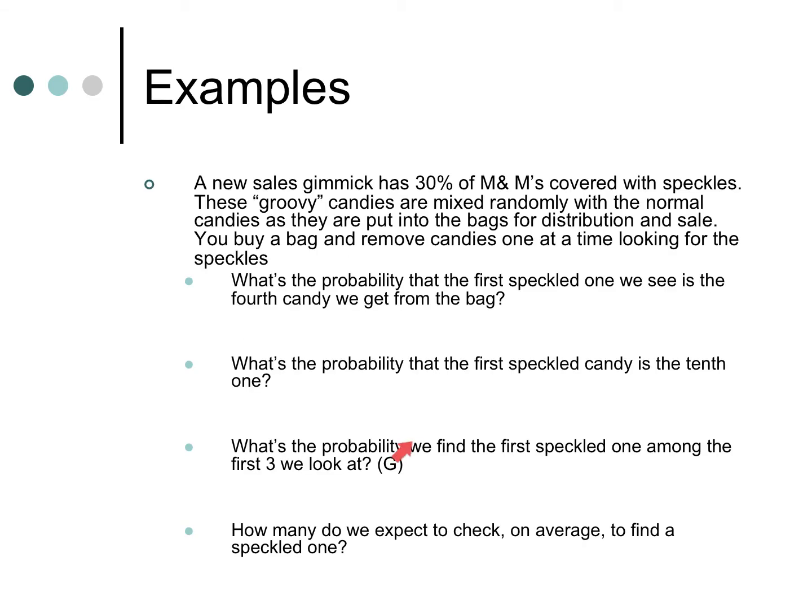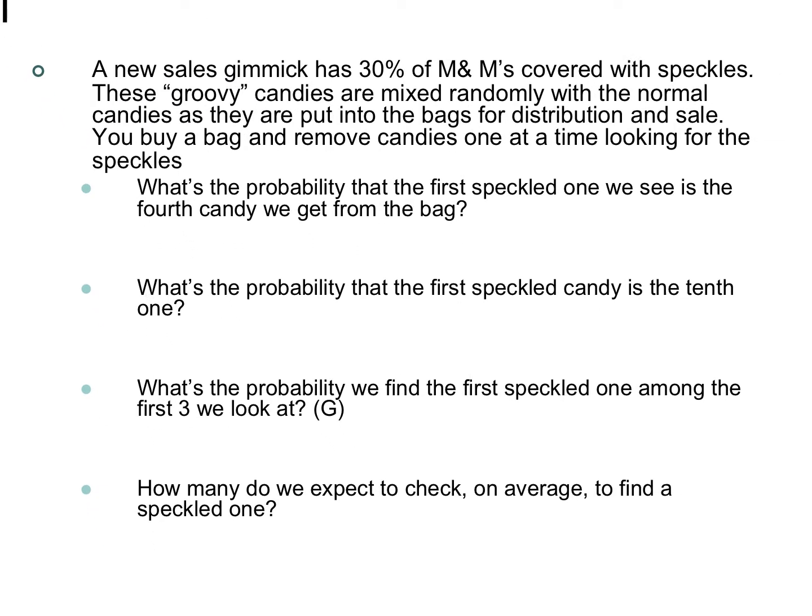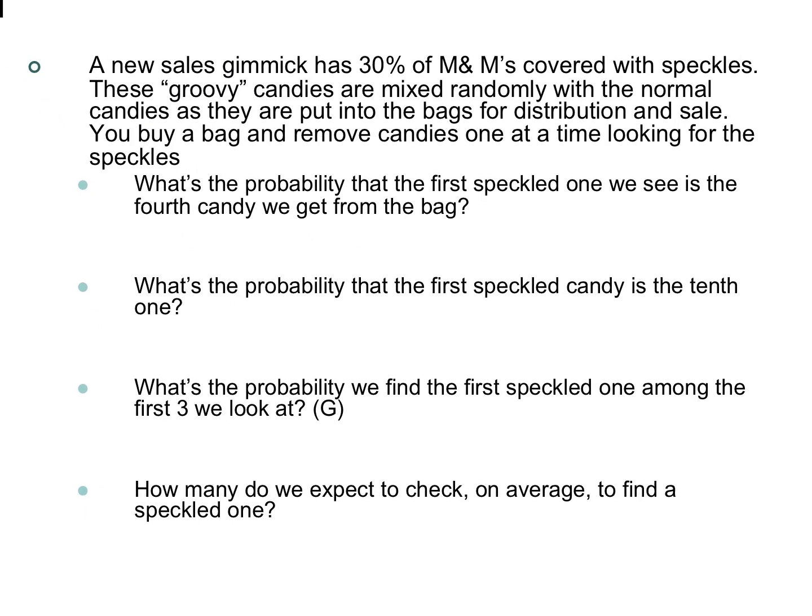All right, so now we get to examples. Okay, a new sales gimmick has 30% of M&Ms covered with speckles. These groovy candies are mixed randomly with the normal candies as they are put into the bags for distribution and sale. You buy a bag and remove candies one at a time looking for the speckles.